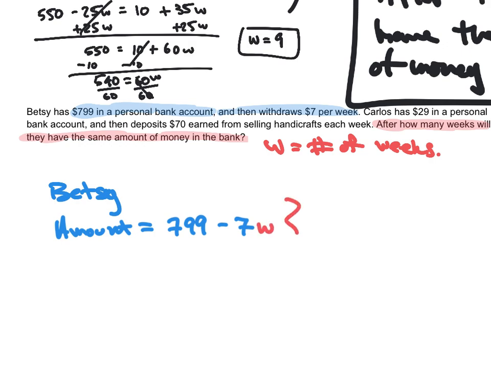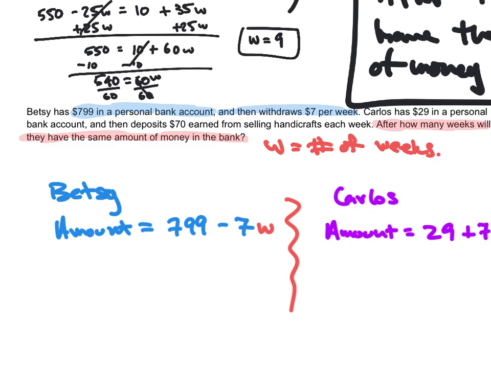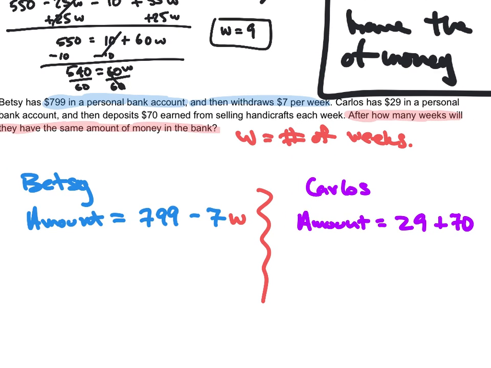Okay? And then we've got a situation for Carlos. So Carlos, his amount has $29 in it, and then he deposits $70 per week.